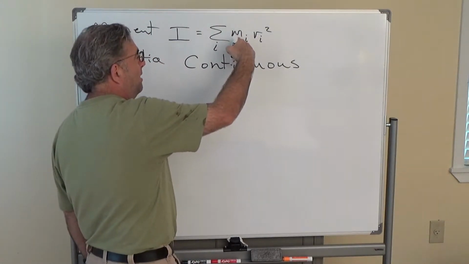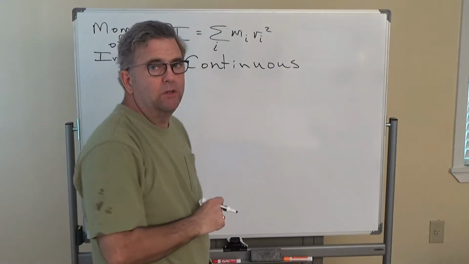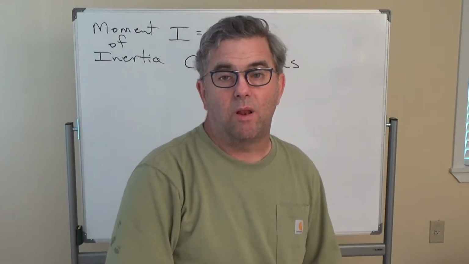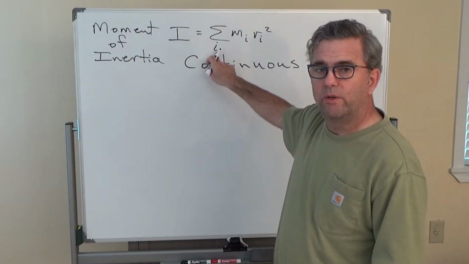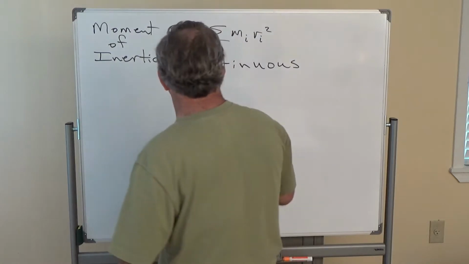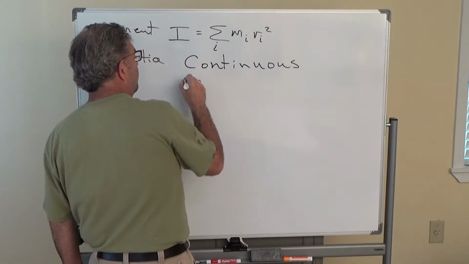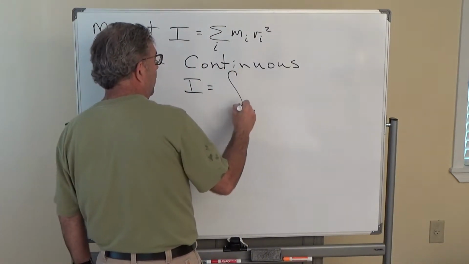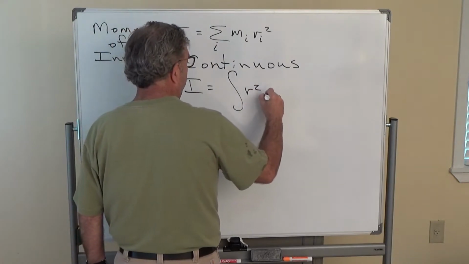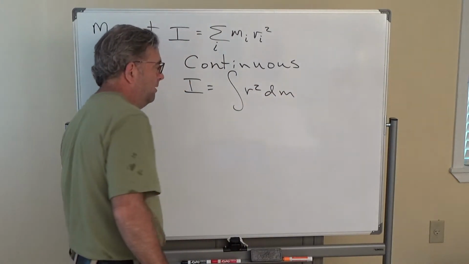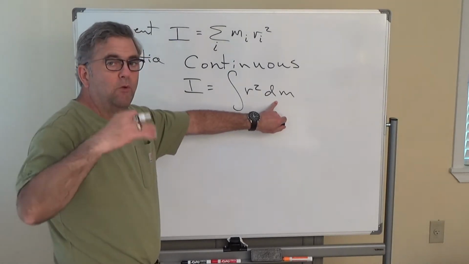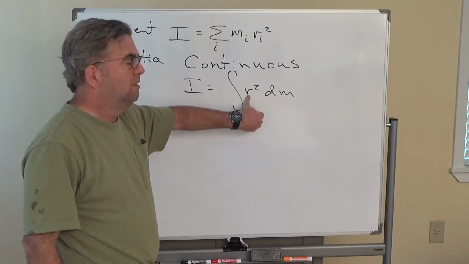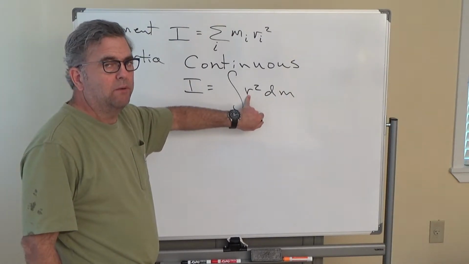You take the limit as little m goes to 0, or maybe you call it delta m, or you take the limit as i goes to infinity, and the moment of inertia is equal to the integral of r squared dm. So you break it up into little bits of dm, summing over all the little masses times their position squared.